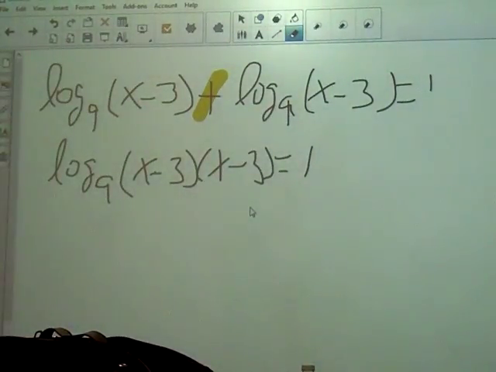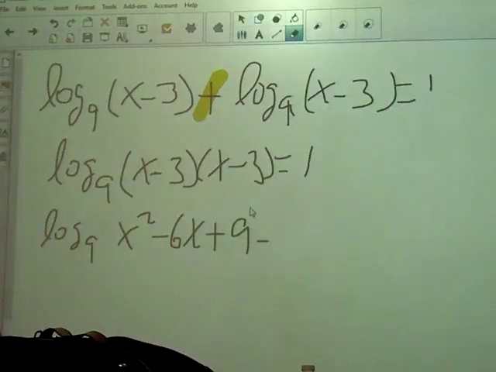Now you would FOIL those x minus 3's, so that gets you log base 9 of x squared minus 6x plus 9 when you do the FOIL. Now you've only got 1 log, so you can rewrite that in exponential form. Your n is big, because your n's that whole trinomial, but that's just how it goes. So you got b, which is 9, to the e, which is 1, equals n, which is that whole trinomial.